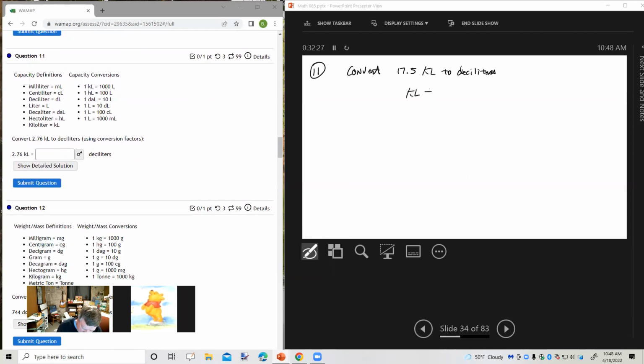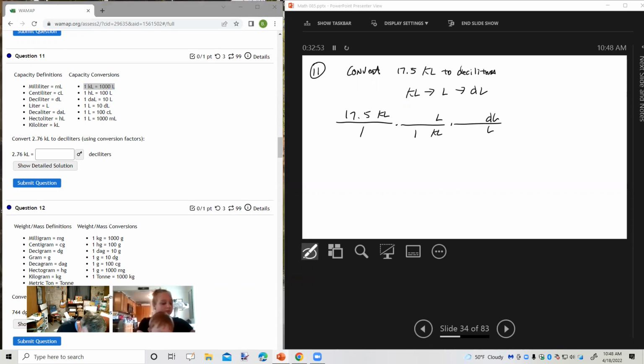Okay, so I'm going to go from kiloliters to liters and liters to deciliters. 17.5 kiloliters, kiloliters to liters, liters to deciliters. Let's see, 1 kiloliter is 1,000 liters. And then liters to deciliters, 1 liter is 10 deciliters.